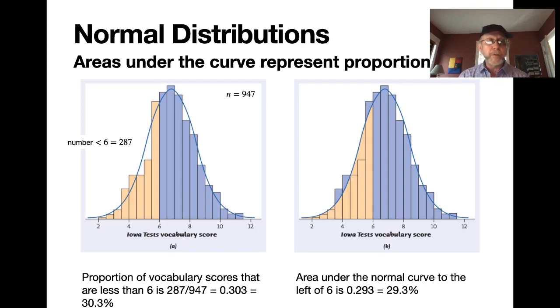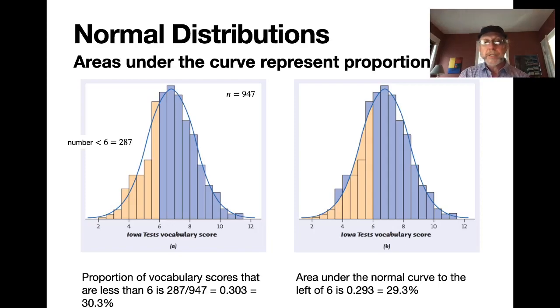There's some overshoot, and then there's some undershoot, and so on. But it turns out that that area is a really good approximation, a really good model for that data. The area under the normal curve to the left of 6 turns out to be 0.293, or 29.3%, and that's very close to the answer we got by just computing with the histogram.